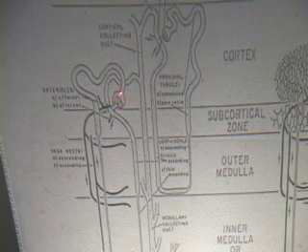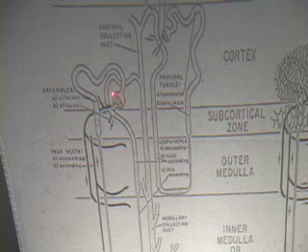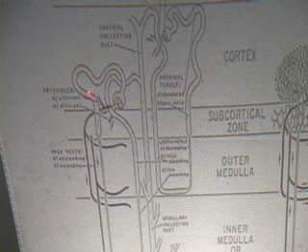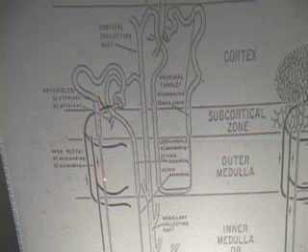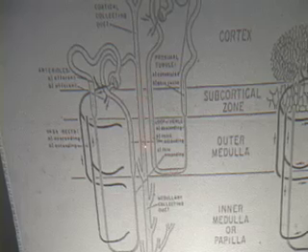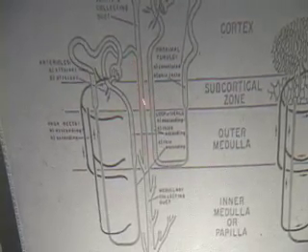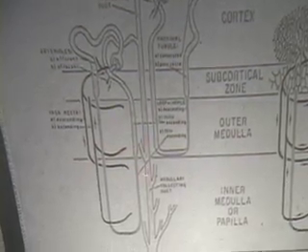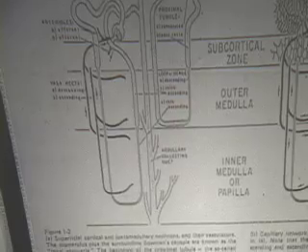And the filtration occurs across this capillary bed and gets picked up in this tube. And this is filtrate now, which is being processed in ways that allow the nitrogenous materials to be removed. The extra material is reabsorbed back into the capillaries, and this goes down into your ureter.